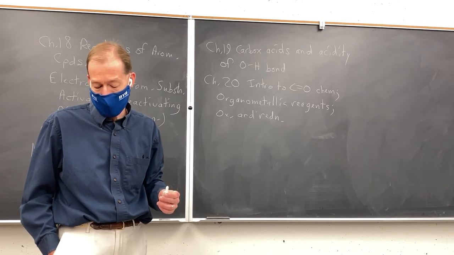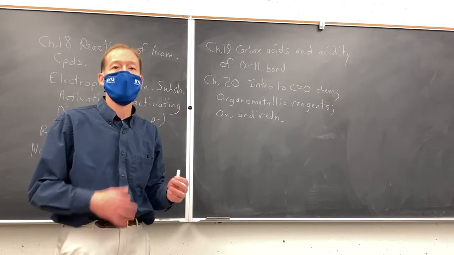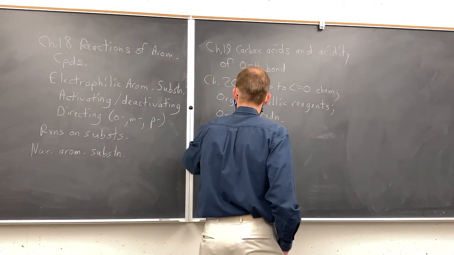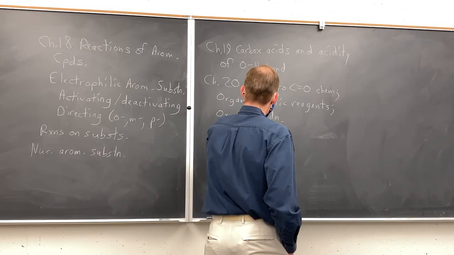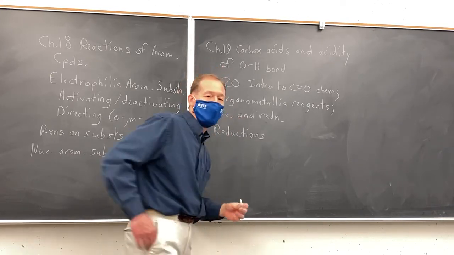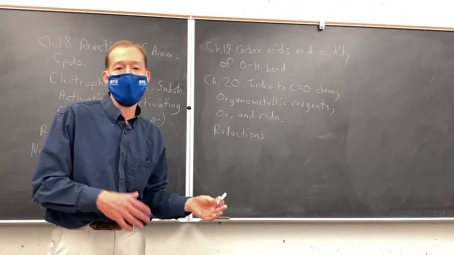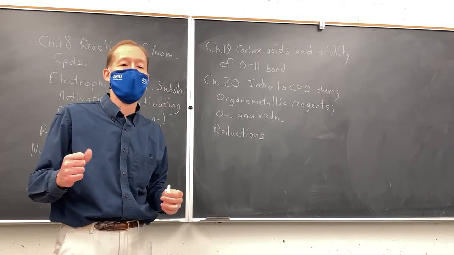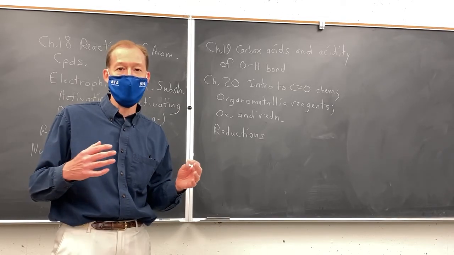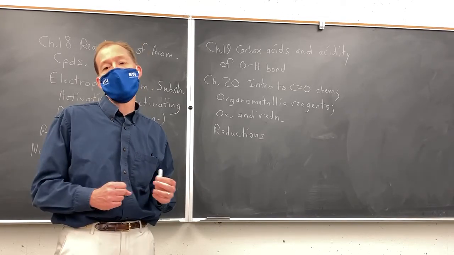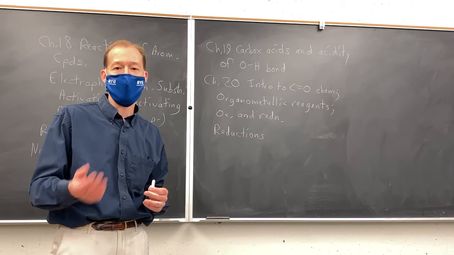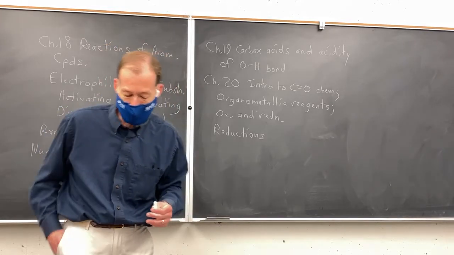And then we had reductions. We talked about reducing carbonyl compounds, so that's a key topic. I'll actually go ahead and write that one a second time, even though it shows up in the title of the chapter, because we have our different reducing agents, sodium borohydride, lithium aluminum hydride, DIBAL or diisobutyl aluminum hydride, and how they will reduce species differently, with esters and acid chlorides, for example, sodium borohydride only reducing aldehydes and ketones.